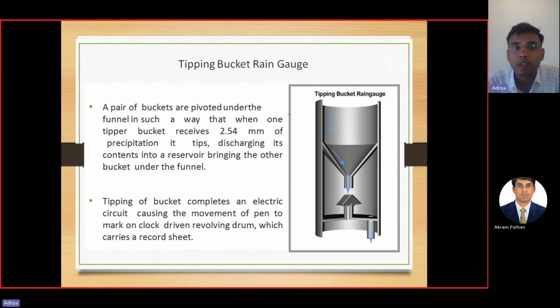A pair of buckets is provided under the funnel in such a way that when one tipping bucket receives 2.5 mm of precipitation, it tips, discharging its contents into a reservoir and bringing the other bucket under the funnel. This tipping bucket completes an electric circuit, causing the movement of a pen to mark on a clock driven revolving drum which carries a record sheet.